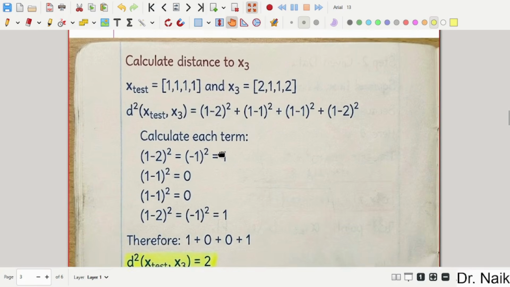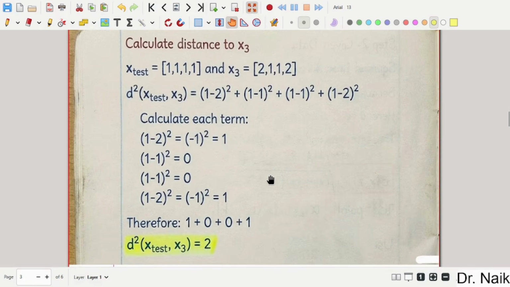Now calculate the distance between the test point and the feature vector x3. It is (1 minus 2) square plus (1 minus 1) square plus (1 minus 1) square plus (1 minus 2) square. 1 minus 2 is minus 1, and minus 1 square is 1. 1 minus 1 square is 0. 1 minus 1 square is 0.